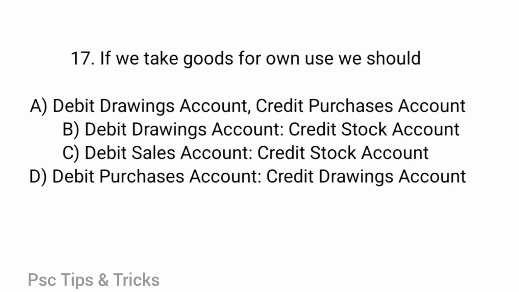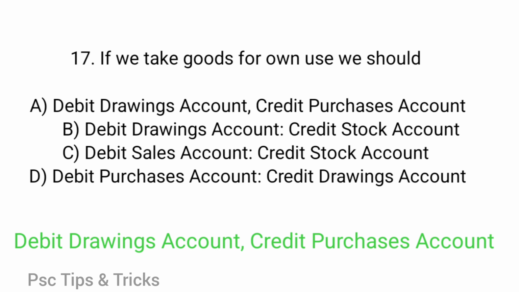If we take goods for own use, we should debit drawings account, credit purchases account, debit drawings account, credit stock account, debit sales account, credit stock account, debit purchases account, credit drawings account. Debit drawings account, credit purchases account.